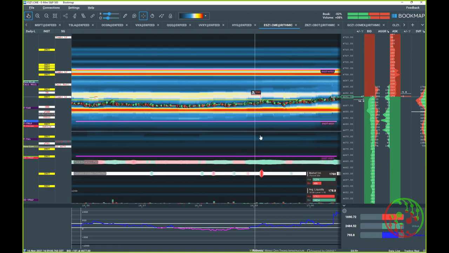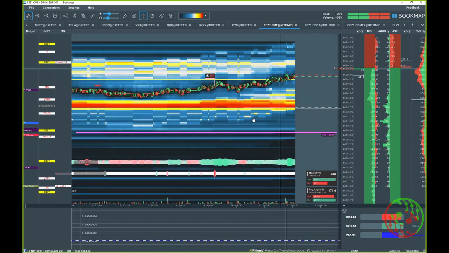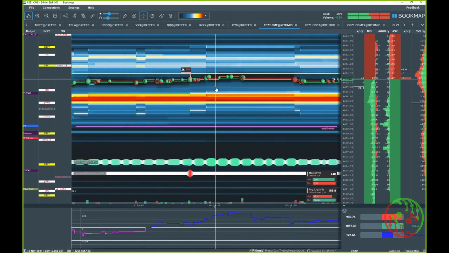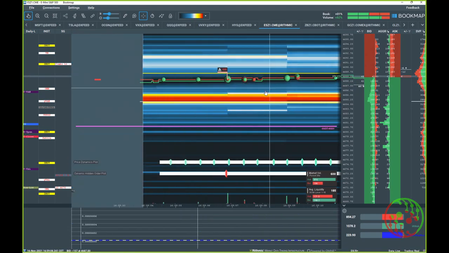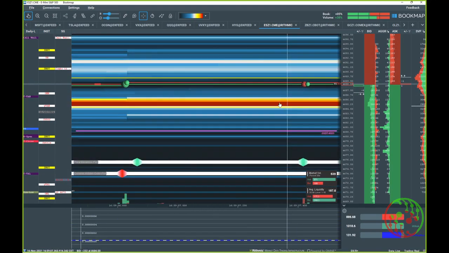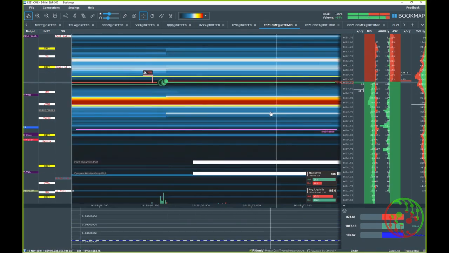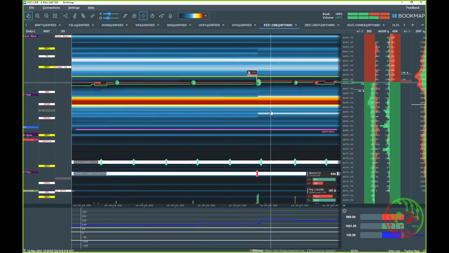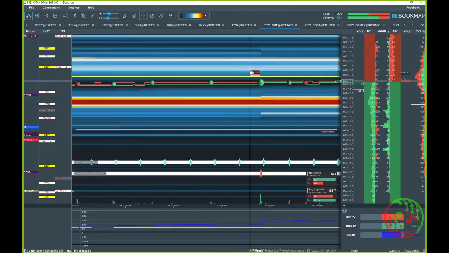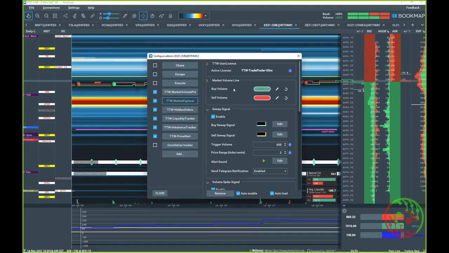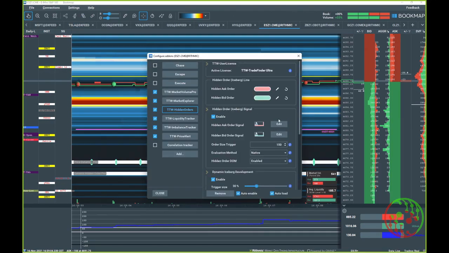This is ES and this is Rithmic, and this is a 150 iceberg on the ask. It's not a good one here to show, but here I will expand the view of hidden order.